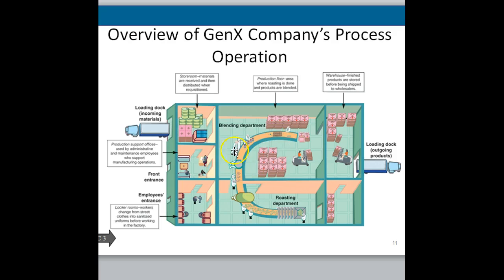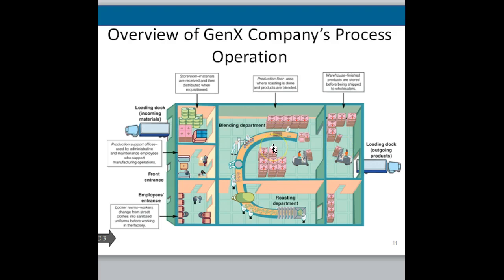So anything that happens out here in the factory floor is going to be cost of goods manufactured. Anything that happens in this office right here, or in the sales area over here, that's actually going to be the period cost. It won't be considered in the cost of goods manufactured. Once it passes this point, it goes into finished goods, and that becomes a different kind of cost.